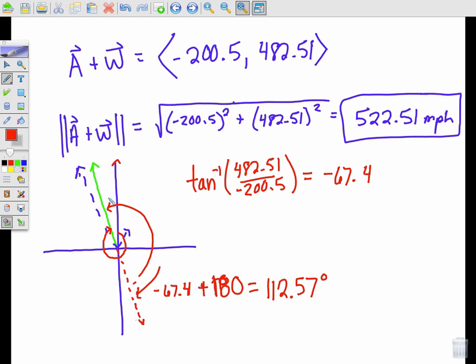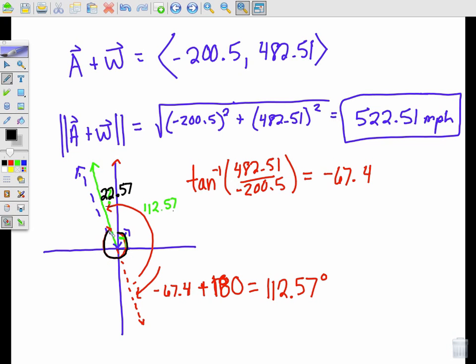All right, what I really need though is I need to know what this angle here is in the middle. I need to know what this angle is right in here. What is the angle? So if I know that the whole thing is 112.57, if I subtract this right angle of 90, then that's going to give me the inside angle. If I subtract 90 from that, that gives me 22.57.